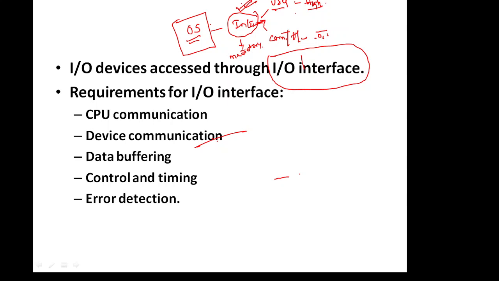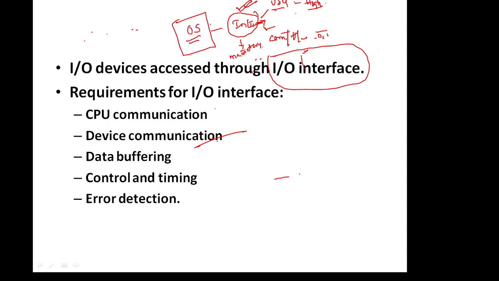Interface means mediating between things. Here, IO devices are accessed through the IO interface, the input output interface. So what are the requirements for the input output interface? In order to interact with the input output devices, this IO interface is mandatory.